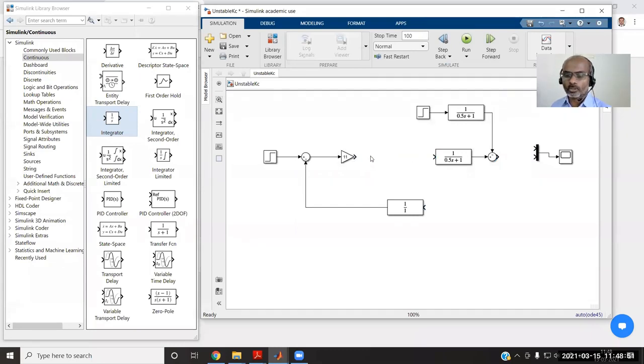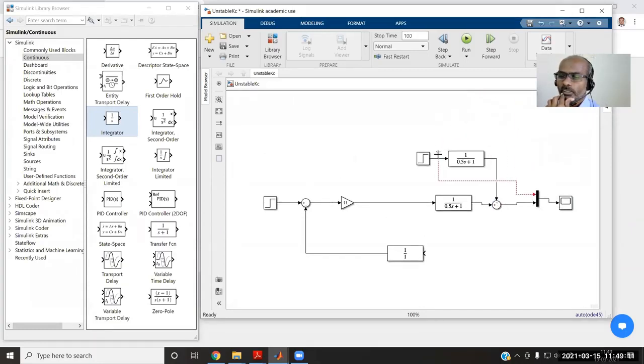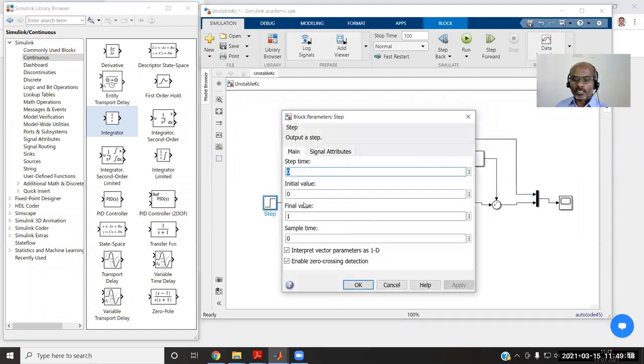Okay, you can connect this. We are changing the load. The set point is simply not changed; initial value and final value are both made 0.